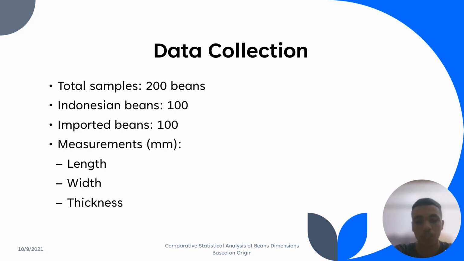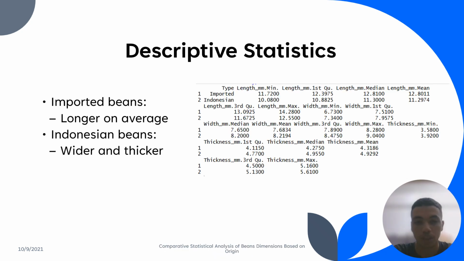For each bean, three measurements were recorded in millimeters: length, width, and also thickness, which we will discuss.